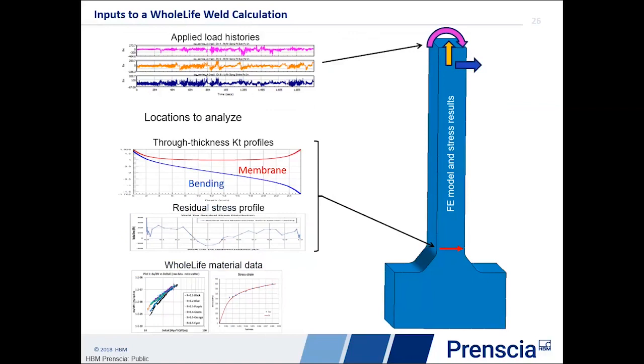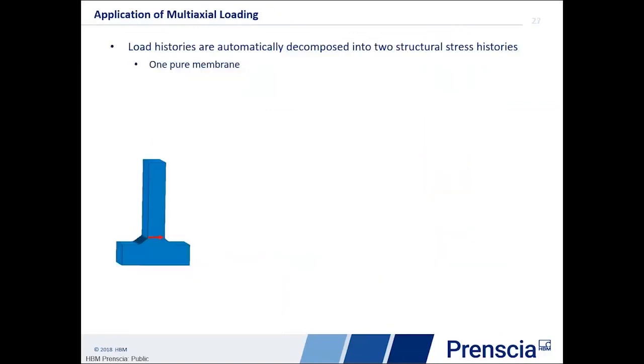And that could come from either measured or simulated calculations trying to predict the residual stresses from the welding process. And then we also point to the additional material properties required for the whole life calculation. And again, those are crack growth curves as well as stress strain behavior, because internally we're going to be doing plasticity calculations for the crack growth.